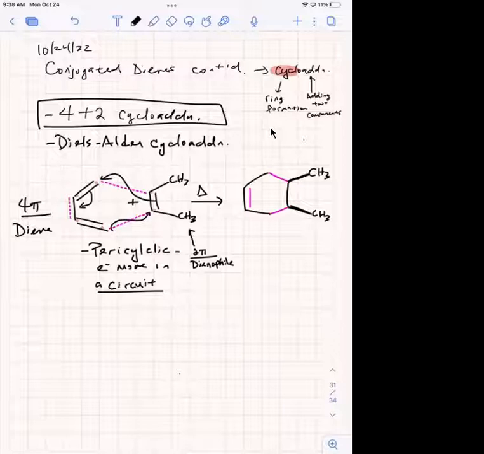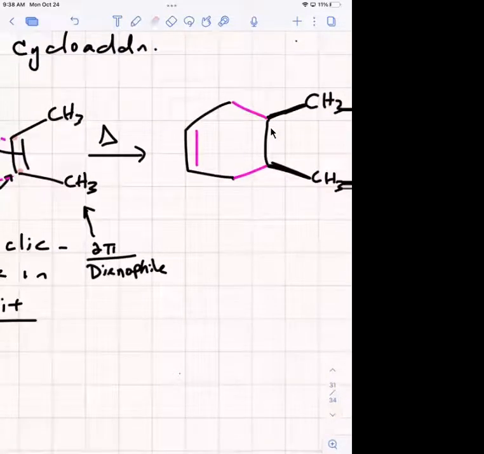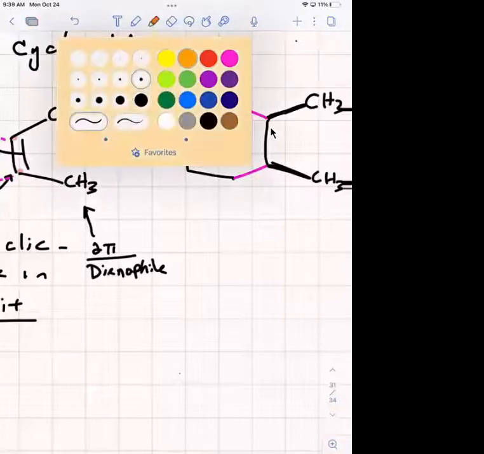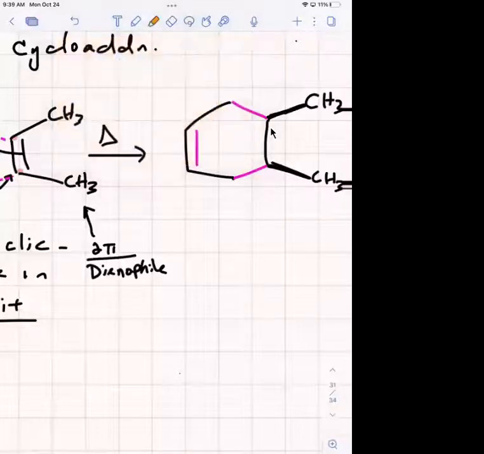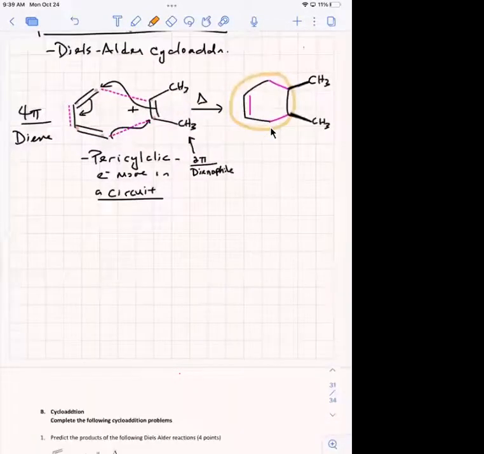Every time you react those 2 things together, you're going to get a 6-member ring. It may be a 6-member ring built into another, larger system, but when that 4 pi and 2 pi come together, that's what you get, no matter what other substituents are attached to your diene or your dienophile. It doesn't matter. Questions about that?